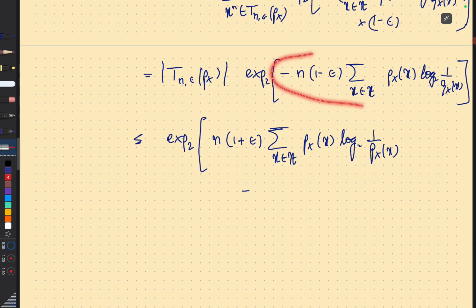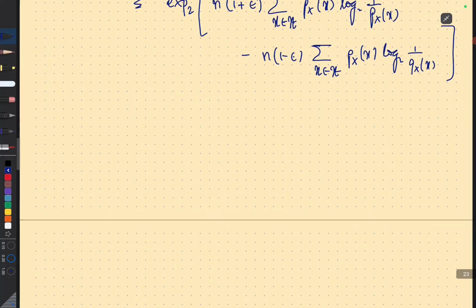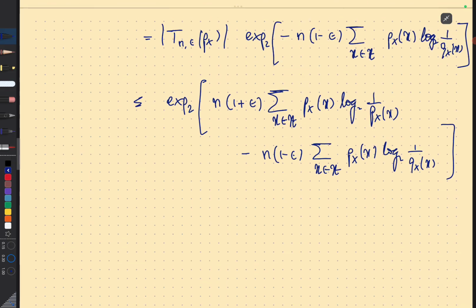Minus what is remaining here, which is n times 1 minus epsilon. Right? Any questions?